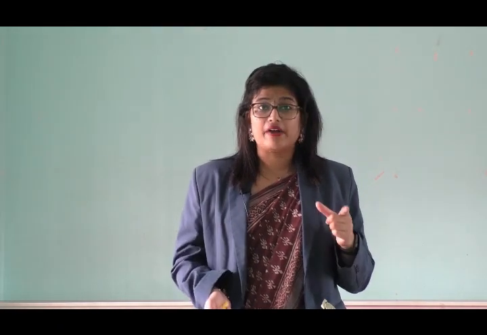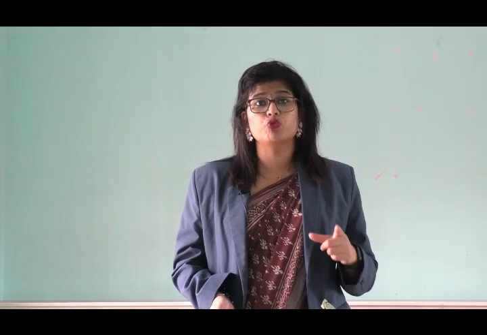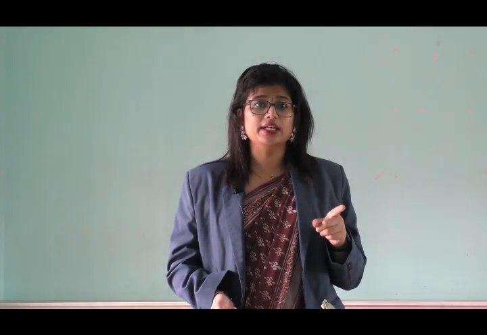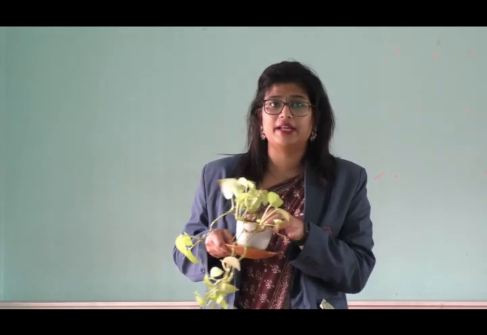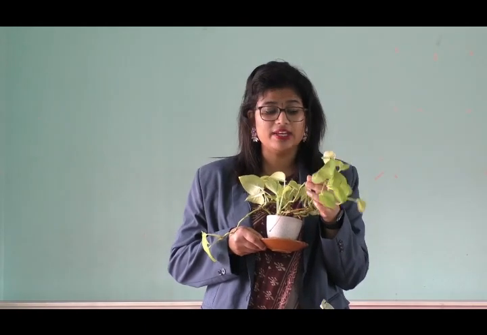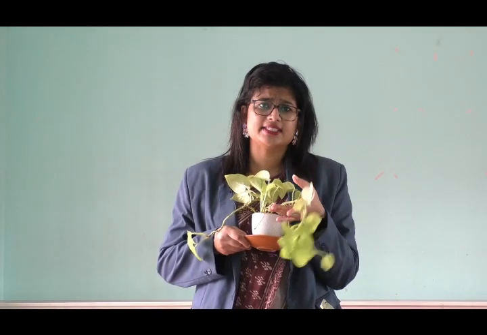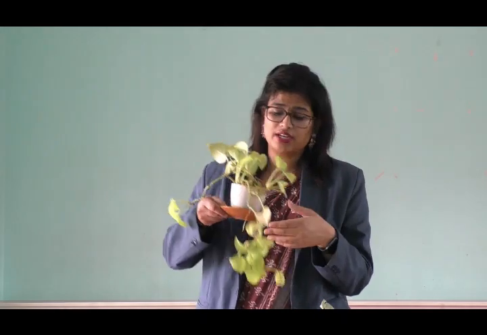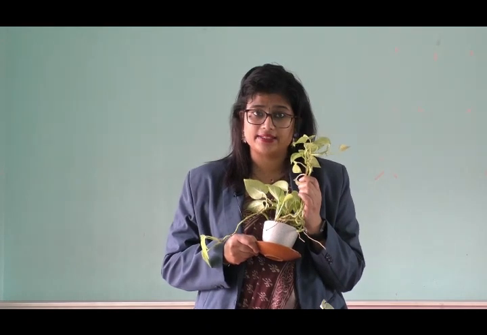Now children, have you ever seen a grapevine? Does it look like a herb or shrub or a tree? Grapevine and money plant. Have you seen a money plant? This is a money plant. They have a thin and weak stem. Look, they cannot stand straight on the ground like other plants.